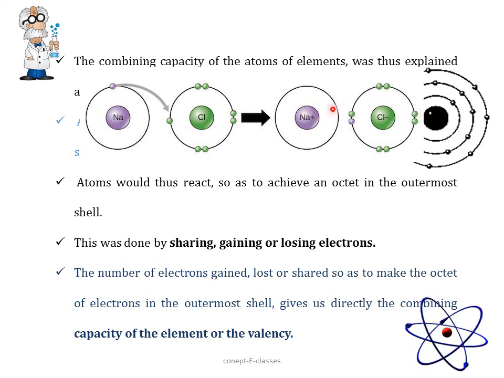So sodium and chlorine combine by exchanging electrons to form sodium chloride. The number of electrons gained, lost or shared so as to make an octet in the outermost shell gives us directly the combining capacity or the valency of the element.